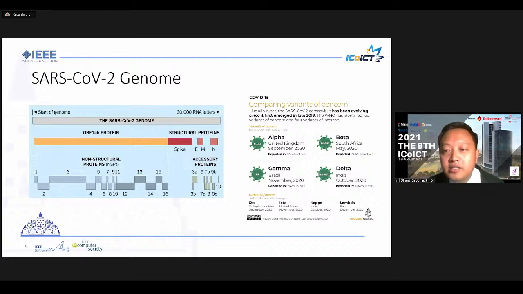Then there's beta, gamma, and lately delta. And then there are variants of interest, sorry. These are not of concern yet, or at all, we don't know yet, but they are of interest.